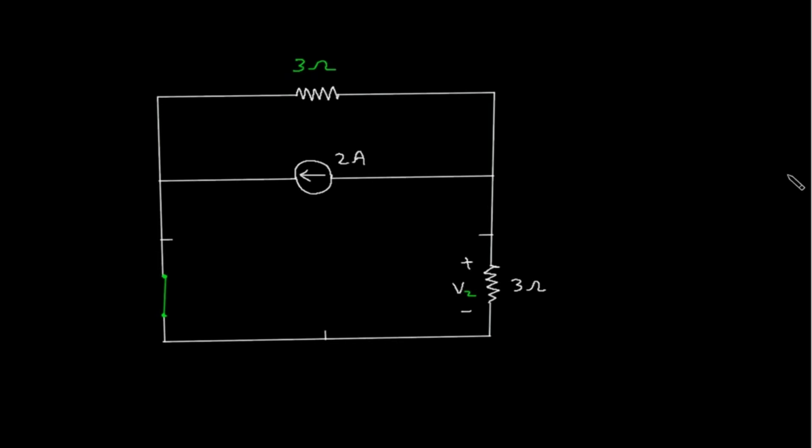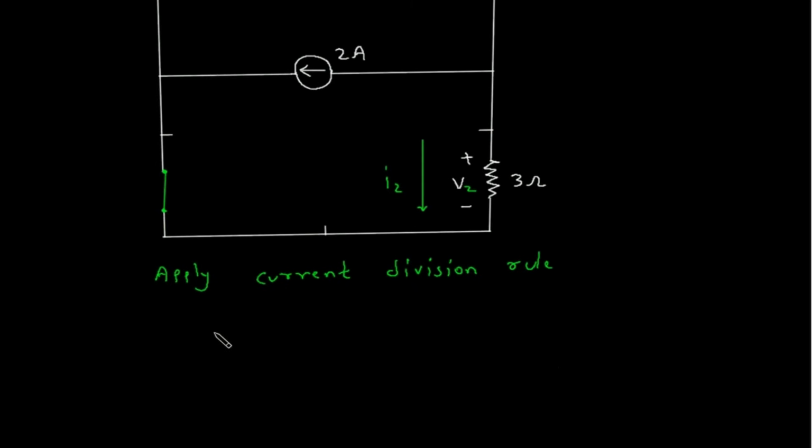Now we have to find current through this. Let's say this is current I2. So apply current division rule, or current divider rule, to find I2. So if we found I2, then from that we can get the value of V2.